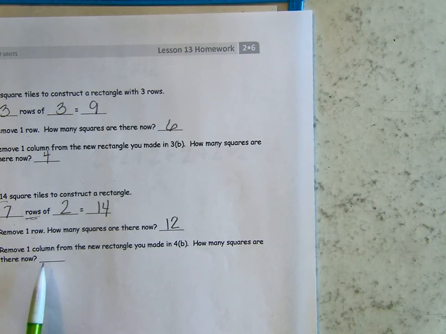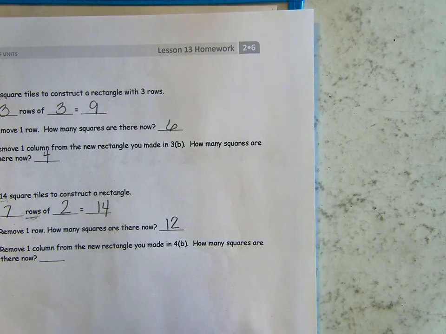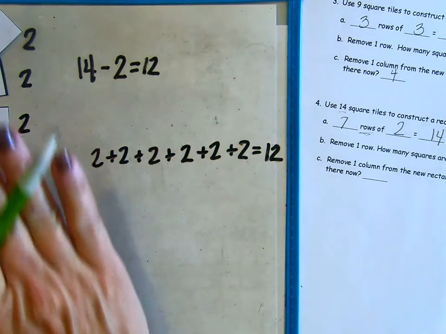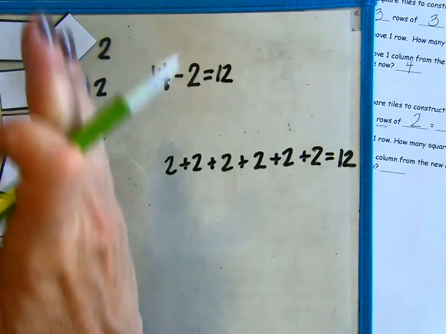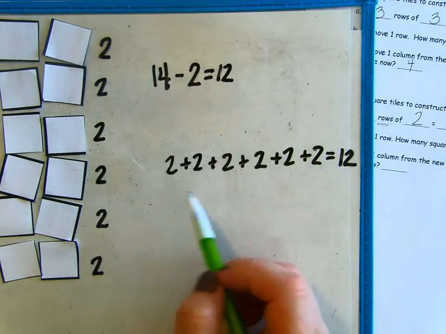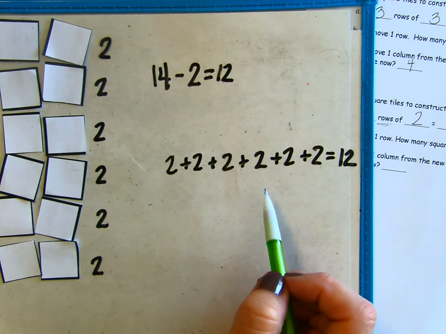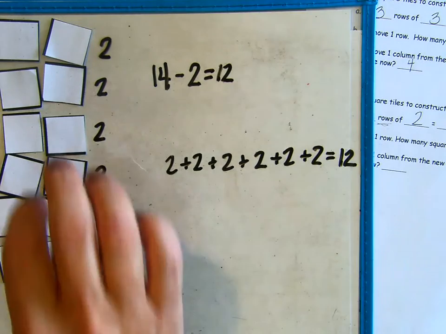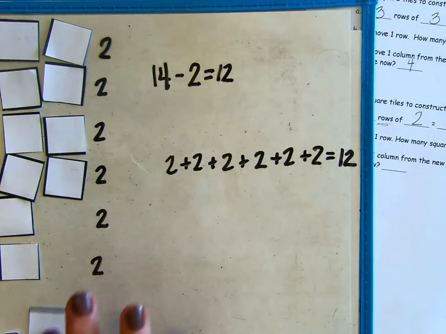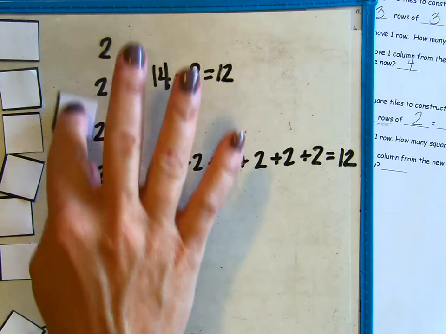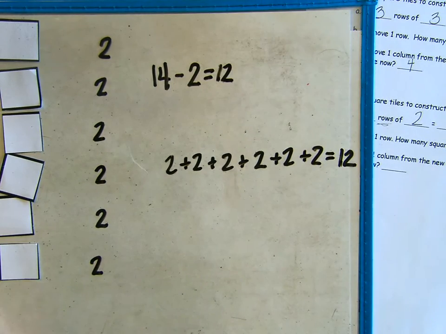Remove 1 column. Oh, if we remove a column, the ones that go up and down, are we going to be taking away a group of 2? No. How many are we going to take away? 1, 2, 3, 4, 5, 6. We take away that column.